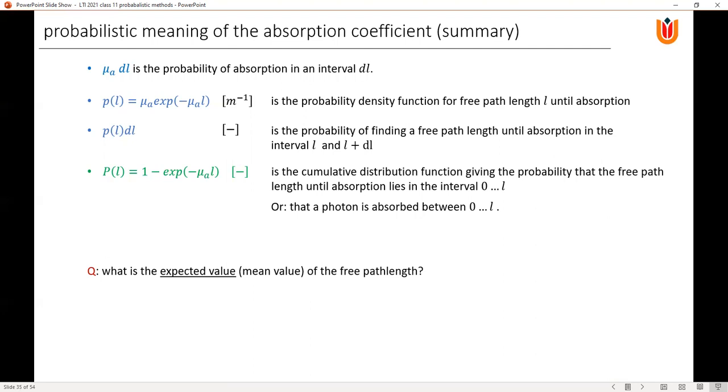Should be 1 over mu_a. I just realized I don't have it on the slide, so I'm just going to write it down. So the expectation value of the path length is going to be 1 over mu_a.